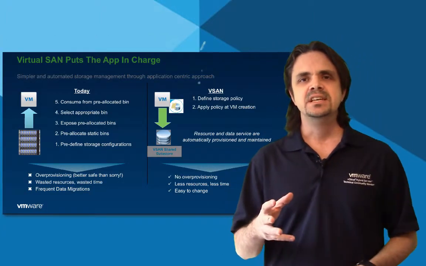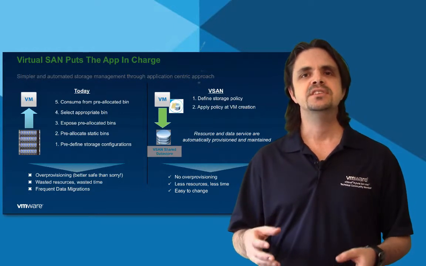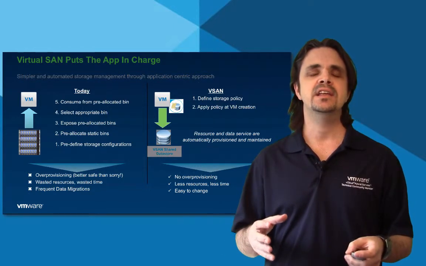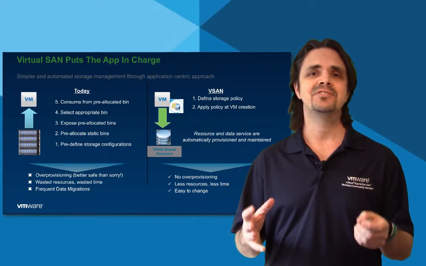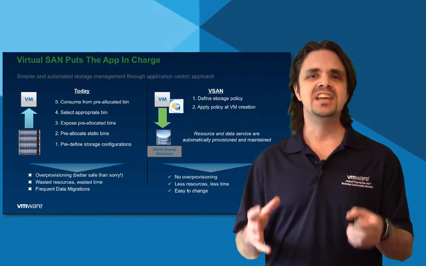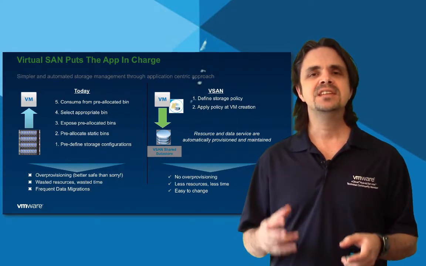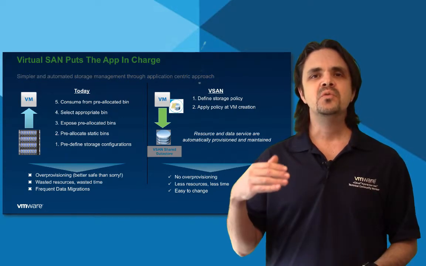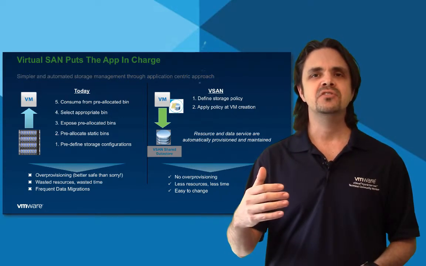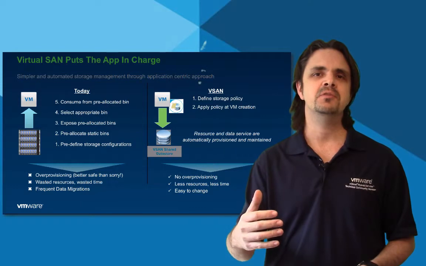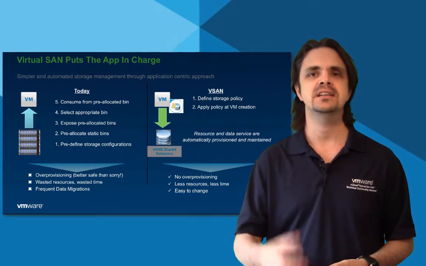So now that we see the interaction that has changed between Bob and Fred and the opportunity for excellence that is there for both of them, let's take a look at what this means to the overarching paradigm for storage inside of the data center.